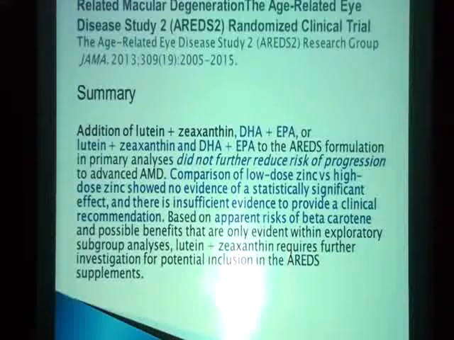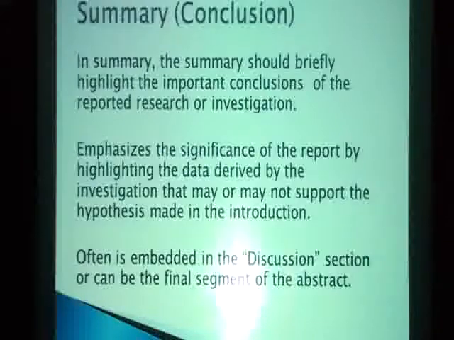It was negative. Comparison of low dosing versus high dosing showed no evidence of significant effect. And there's insufficient evidence to provide a clinical recommendation. The only thing is that the lutein can replace the beta-carotene that has some adverse effects, I believe, on the heart. So that's about the one thing that came out of that paper.